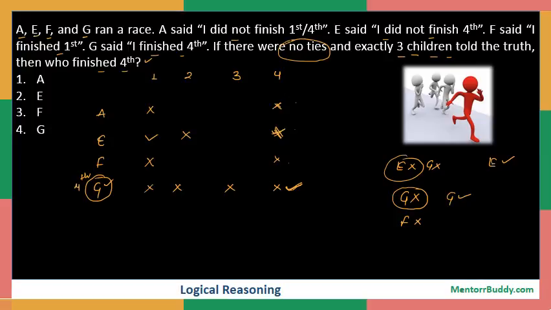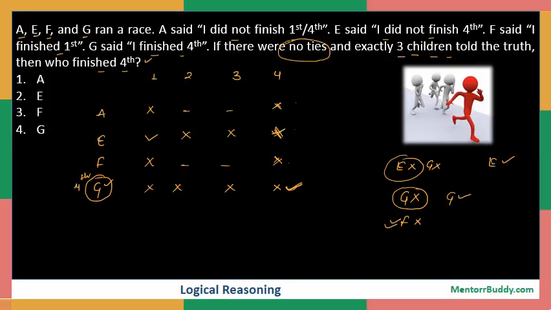If E is in first place, he cannot be in the second, third or fourth place. The positions for A and F are still left. F has not finished first or fourth, and A has not finished first or fourth, so two places are left for A and F, but that is not our question at the moment. We can say that F speaking the false statement is a possibility, because so far nothing has become contradictory.